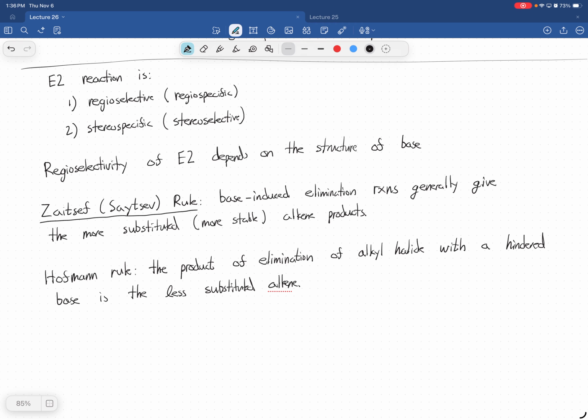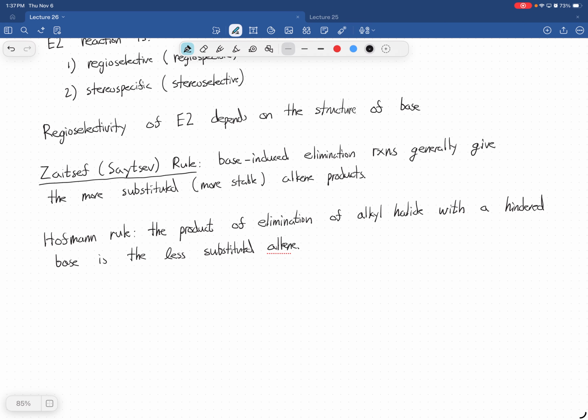All right. So we could think about it, right? If the base is too hindered, it probably can't approach an interior hydrogen because there are carbon atoms sticking out like a branch. So it's going to kind of poke it away.